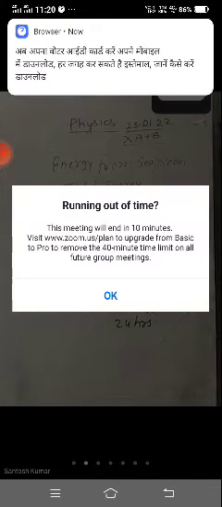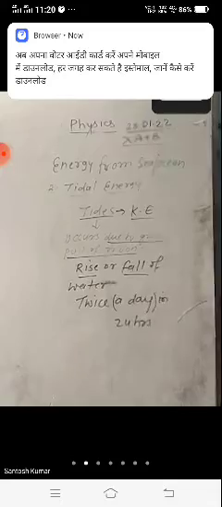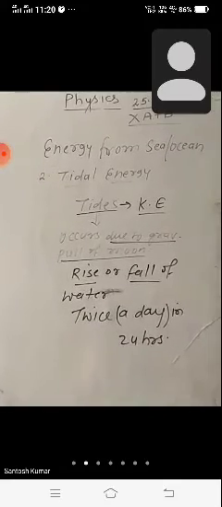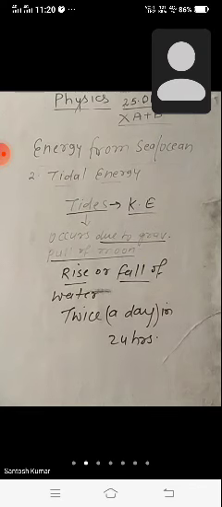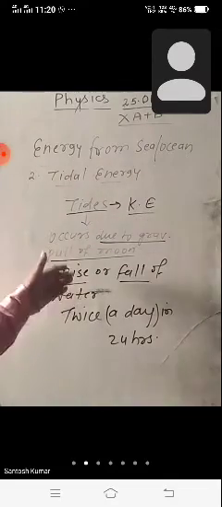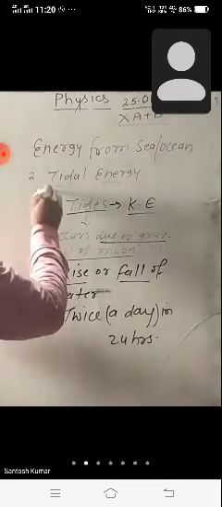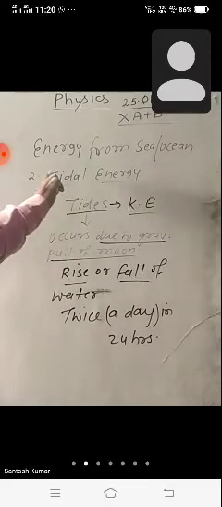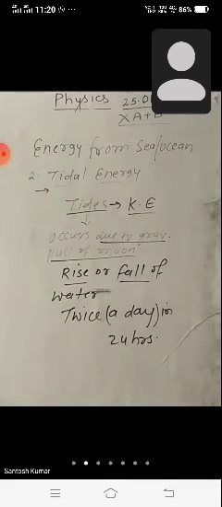So how can we harness this into electric energy? First of all you need to understand this, then you need to define this. As I have defined the term wave energy, you need to define the term tidal energy. So what will you write? Just tell me.